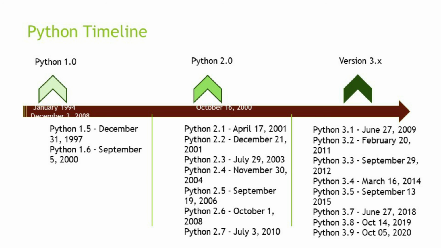After which we get lots of releases from 3.1 to 3.9, starting from June 2009, 3.2 in February 2011, 3.3 on 29th September 2012, 3.4 on 16th March 2014, 3.5 on 13th September 2015, 3.7 on 27th June 2018, then 3.8 on 14th October 2019, and the recent one, 3.9, on 5th October 2020. So right now we will be working on 3.9.